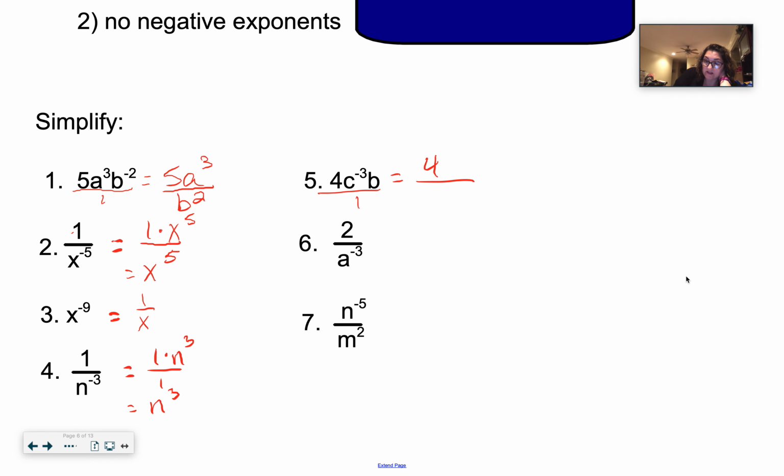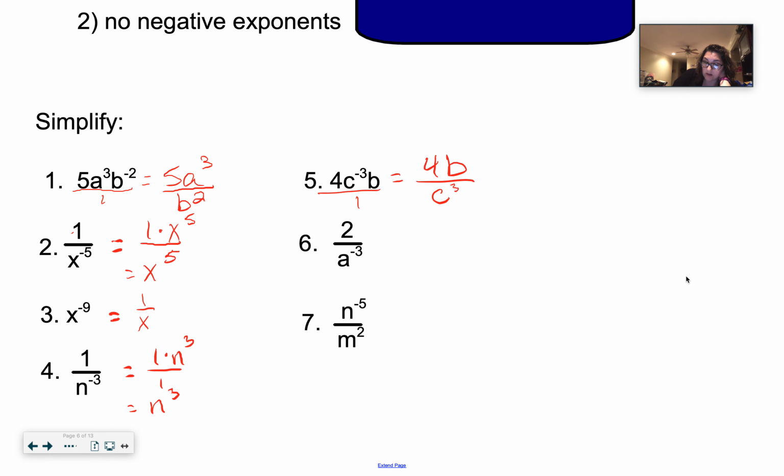So 4 is going to stay on top. B is going to stay on top because it does not have a negative exponent. Notice that the c has a negative exponent, so it's going to flip to the bottom. So that becomes c to the third power.